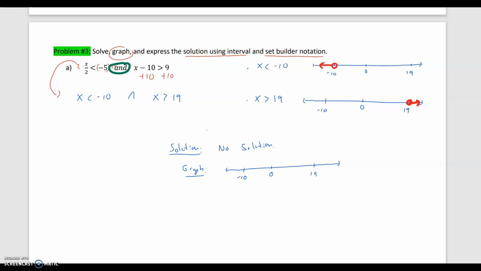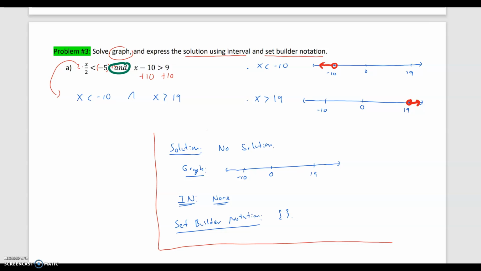The interval notation, we would simply say none, since there's no solution. The set builder notation, now, for the set builder notation, we simply write the set that contains no value on it, and this is the empty set. So any version of the empty set would be fine.